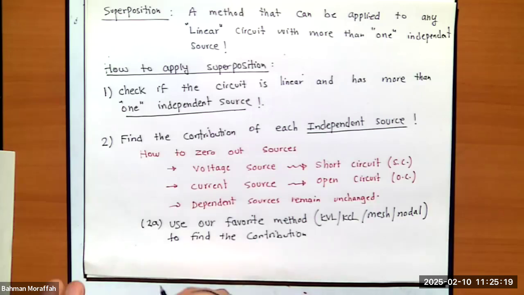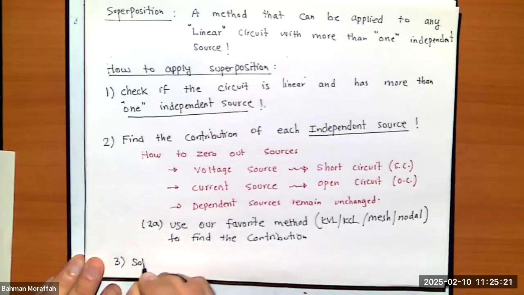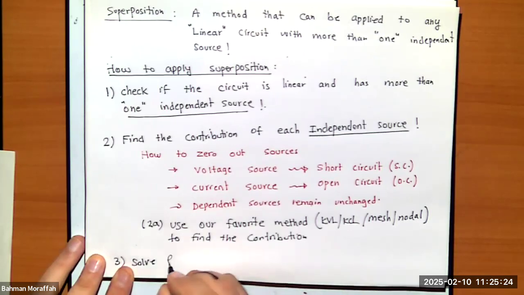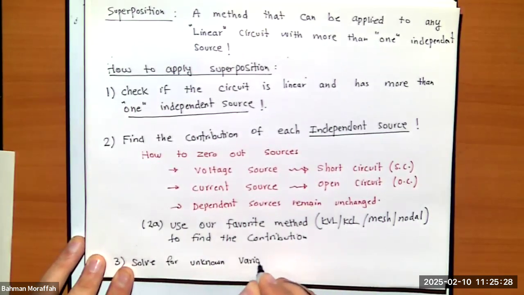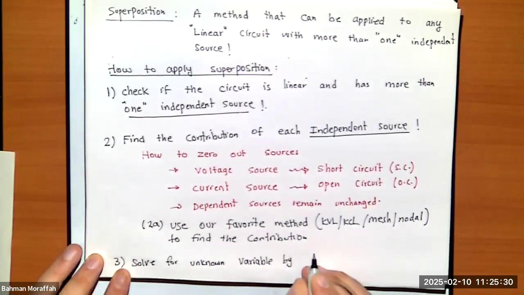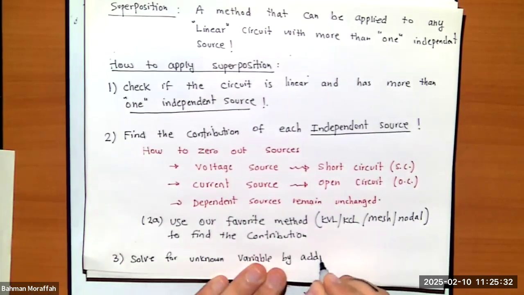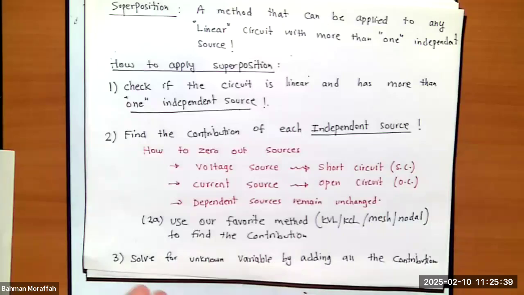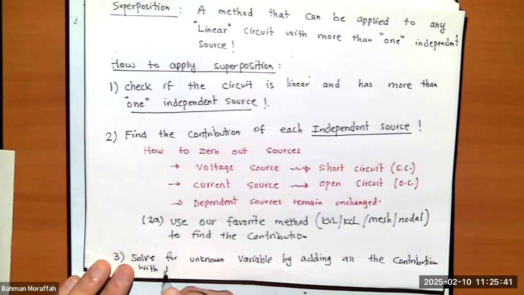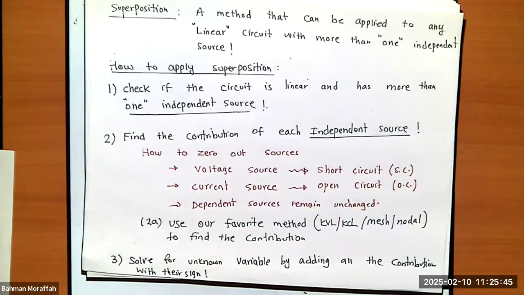So solve for the unknown variable by adding all the contributions with their sign.